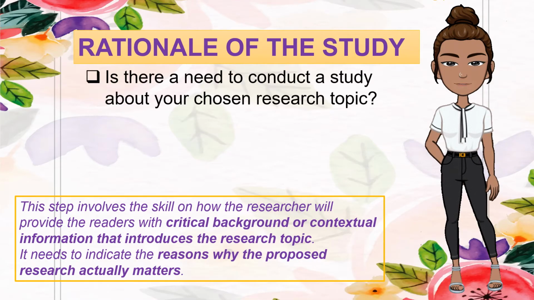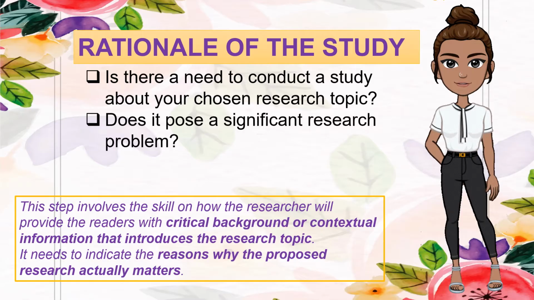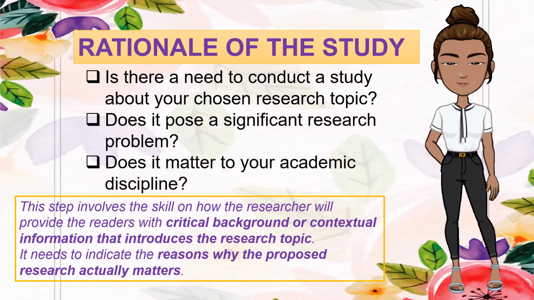Is there a need to conduct a study about your chosen research topic? Does it pose a significant research problem? Does it matter to your academic discipline? If your answers in the previously asked questions are yes, then that can be a good starting point for establishing the rationale of your study.